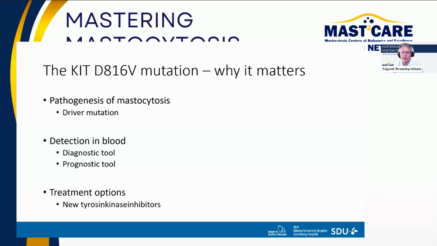I'll come back to that. And then finally, given the fact that this is the driver mutation, tyrosine kinase inhibitors that target this mutation are a really intriguing new treatment option, because so far we've been left with symptomatic therapy in indolent disease. But I'll just touch briefly on that.